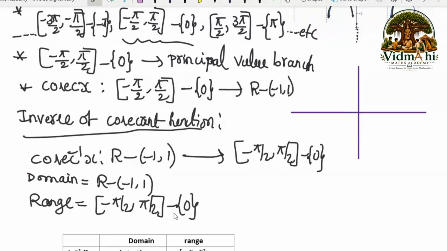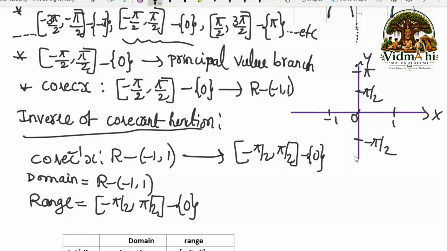Now if you observe the graph of this function, this is 0, this is minus 1, 1 on the x axis, y axis. So here it is pi by 2, pi, this is minus pi by 2.